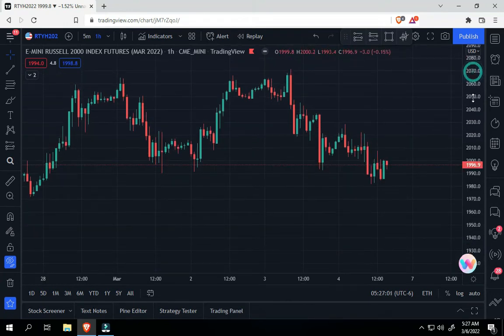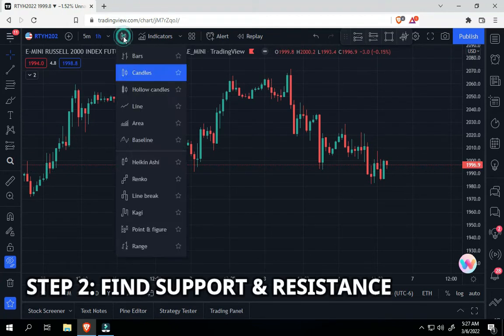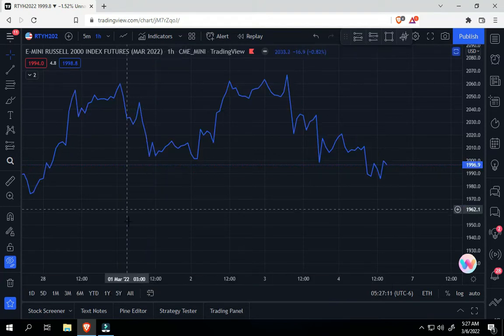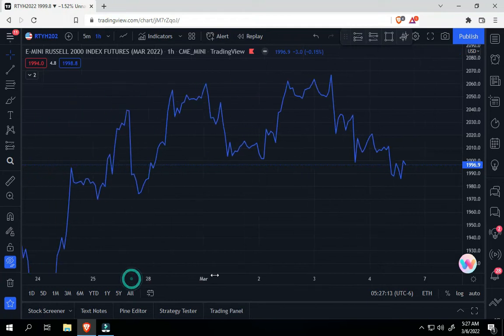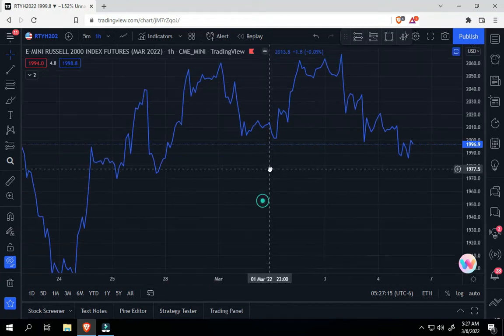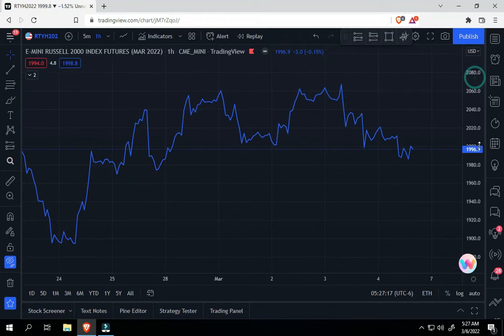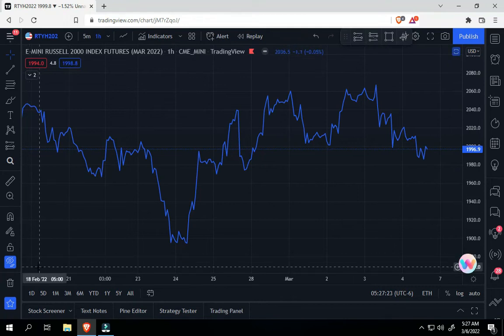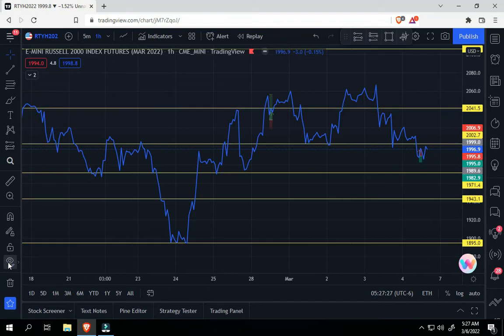Next, you need to find support and resistance. The way I find support and resistance is I use this line feature to make things a lot easier when you're looking at it. Then you want to look left for several days on the 1-hour chart. Then once you have that, draw your support and resistance lines.